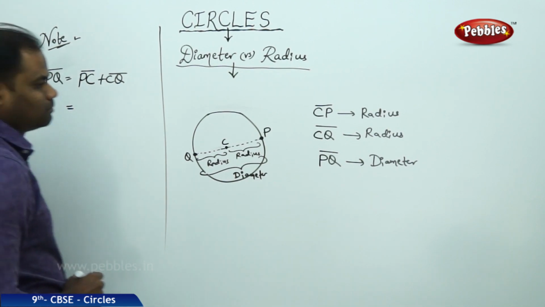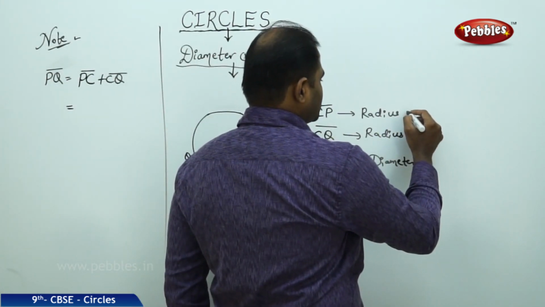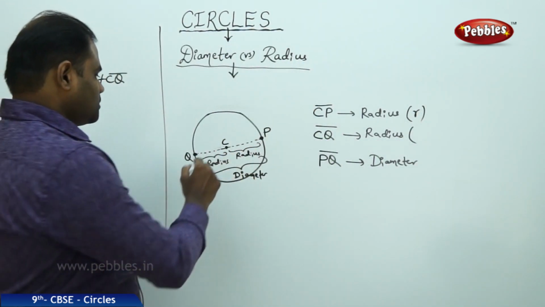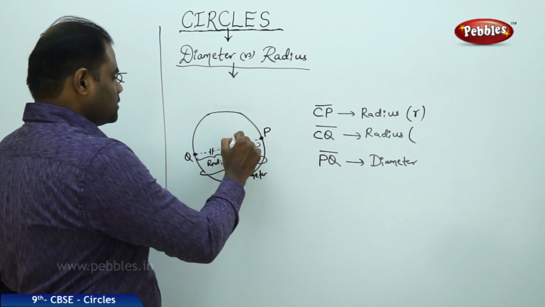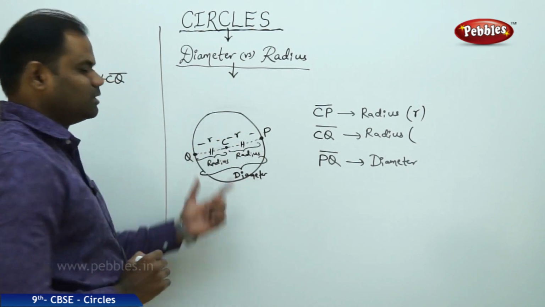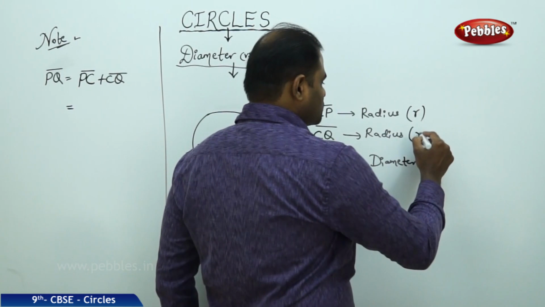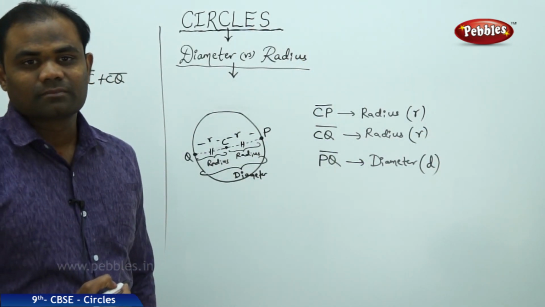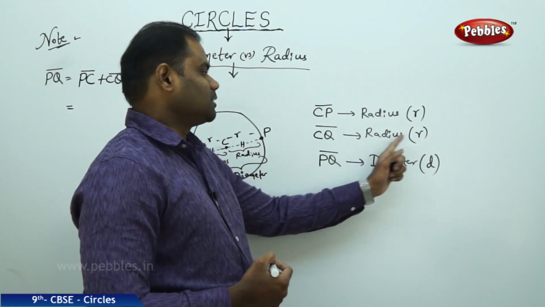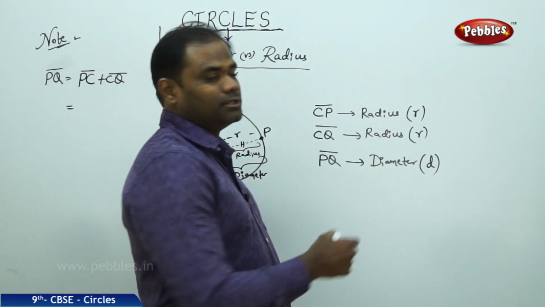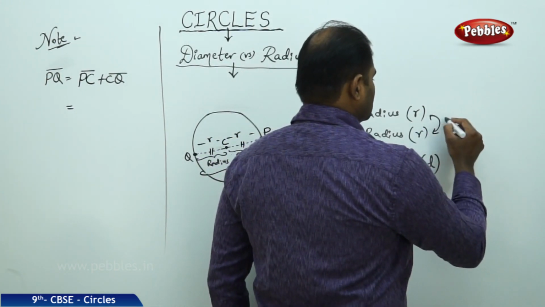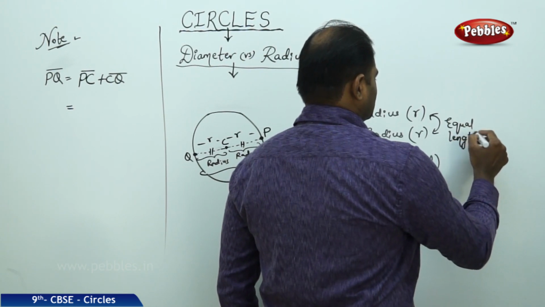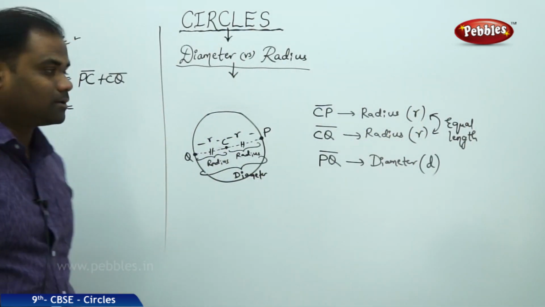So let me denote this radius with small r, and then my CQ and CP are equal. Therefore, this being r implies this also will be r. So my CQ also is r. And let me denote my diameter with d. So d is my diameter, r is my radius, these two being of equal length. Therefore, each of them is r.